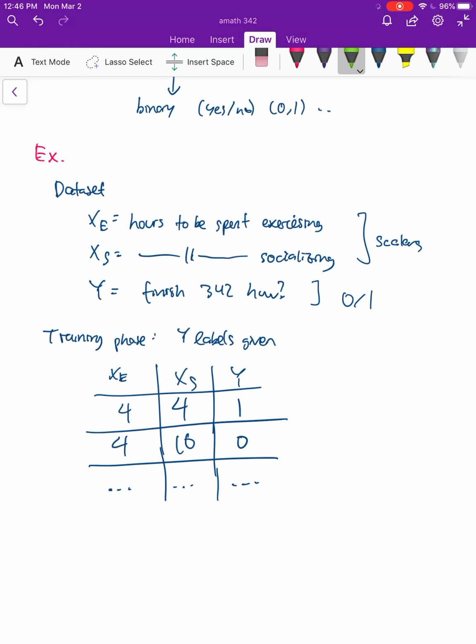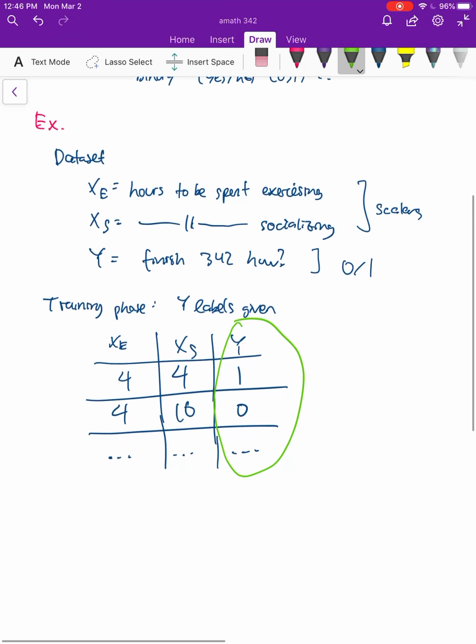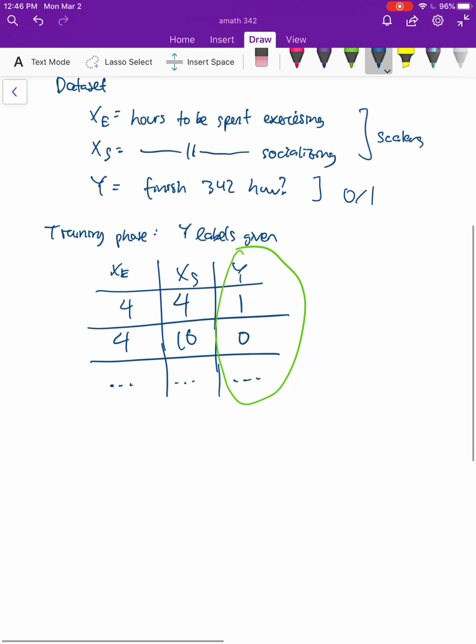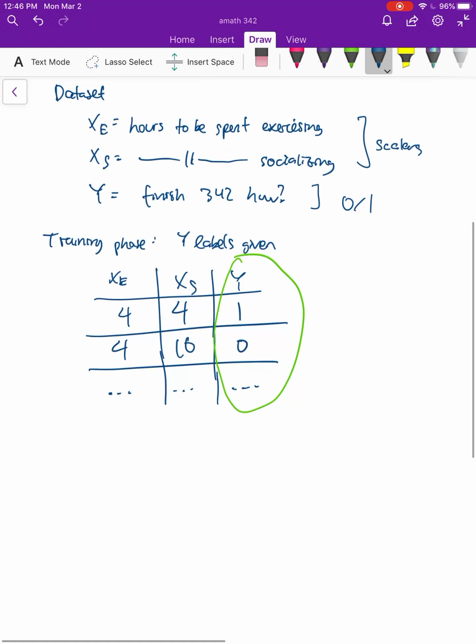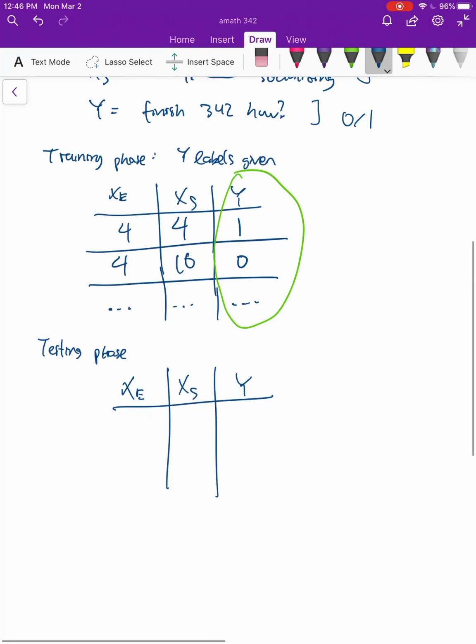So in the training phase, you are given the y labels, but later on your friend asks you, well, in subsequent weeks I am going to spend this much time on each activity.